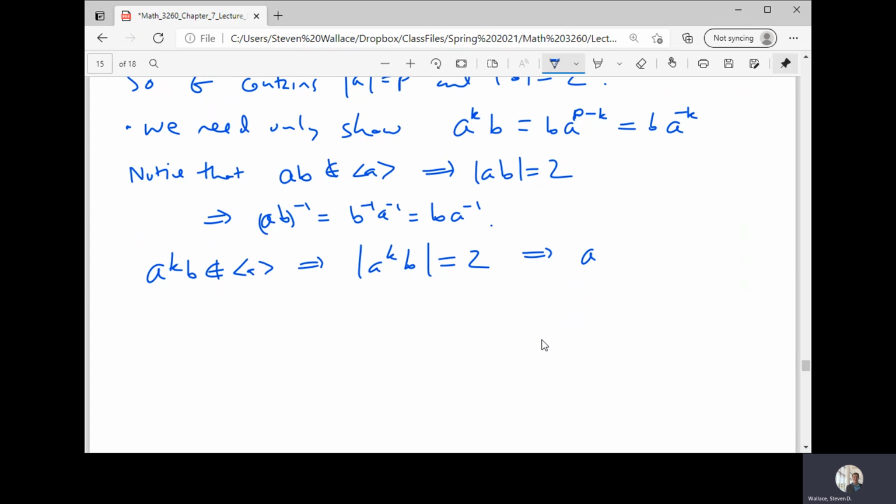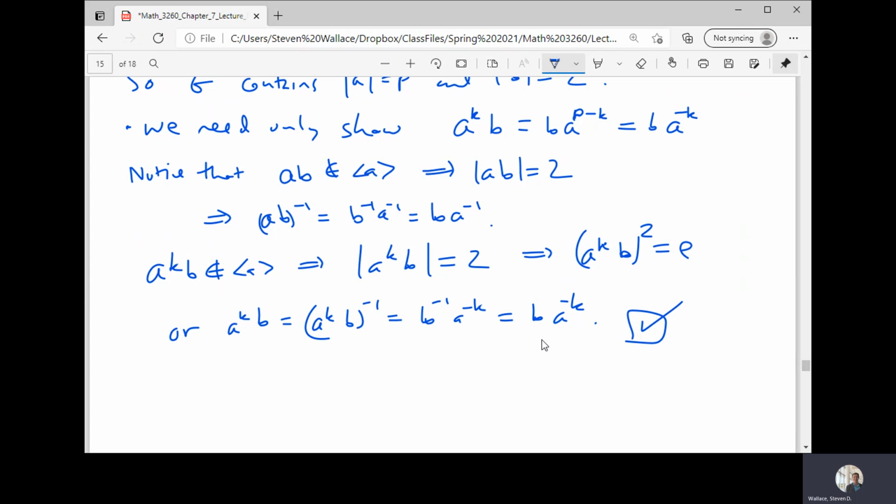And that means A to the K B squared is the identity. Or likewise, A to the K B is equal to its own inverse, which is B inverse A to the minus K, but B inverse is itself. That's what we need to show.